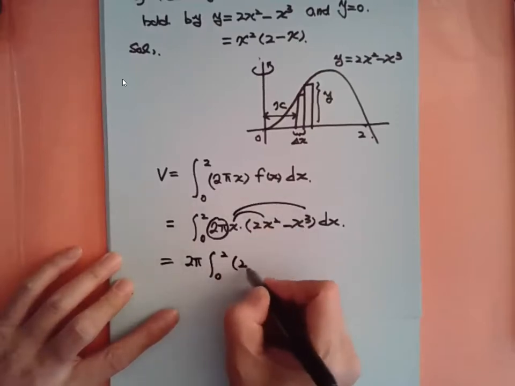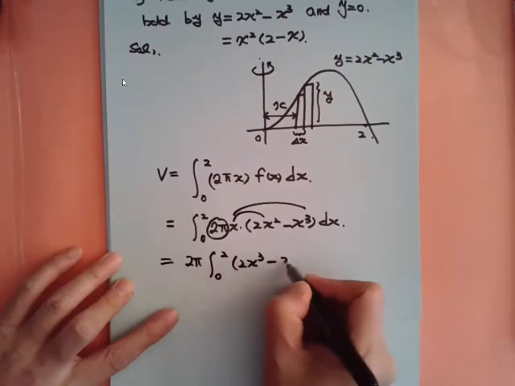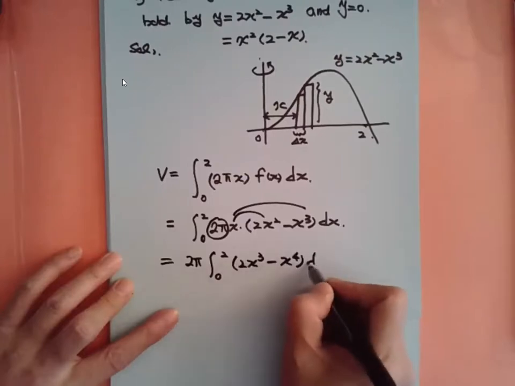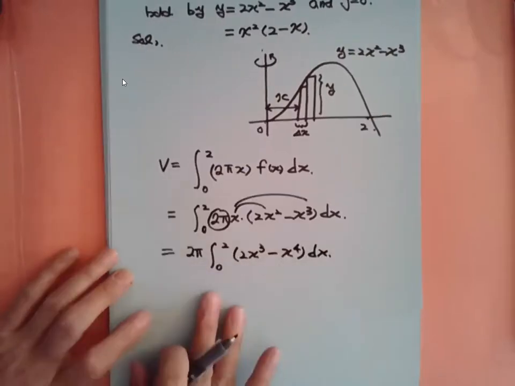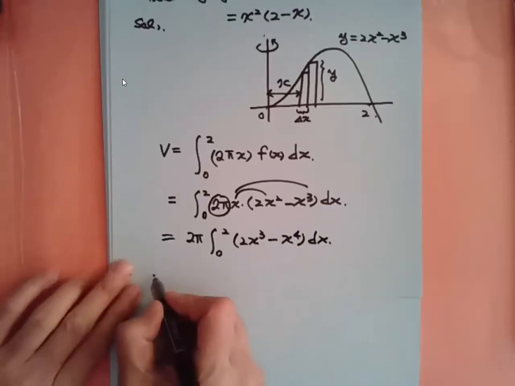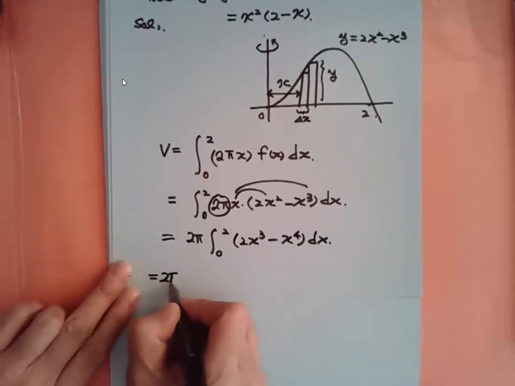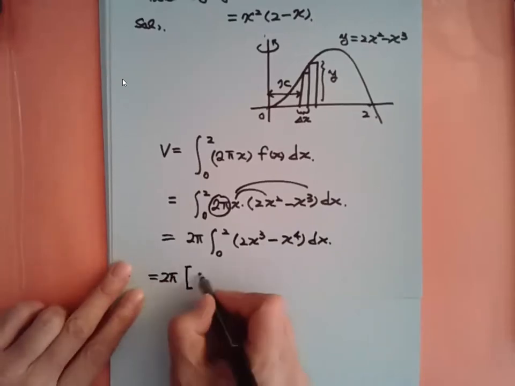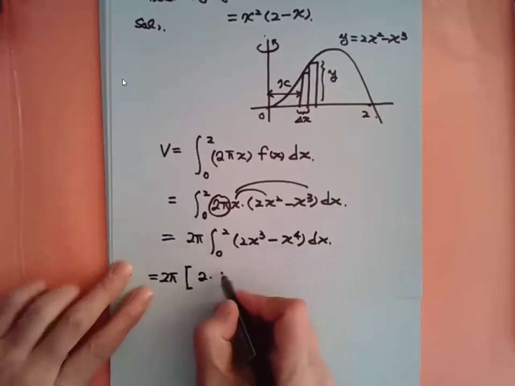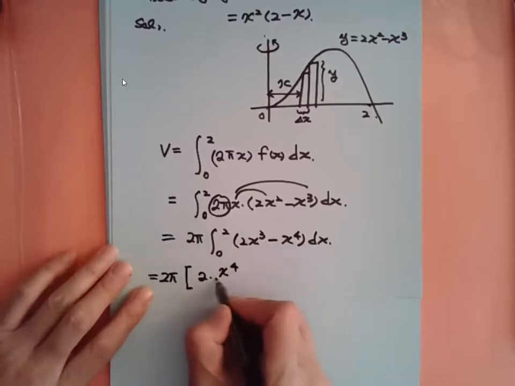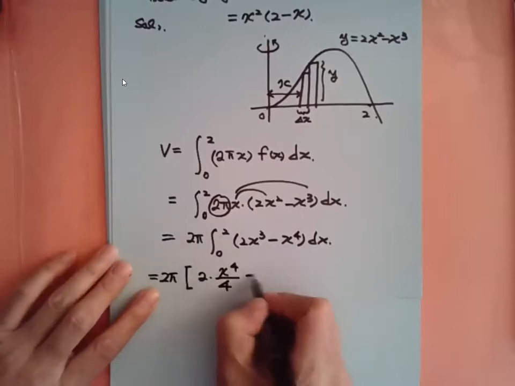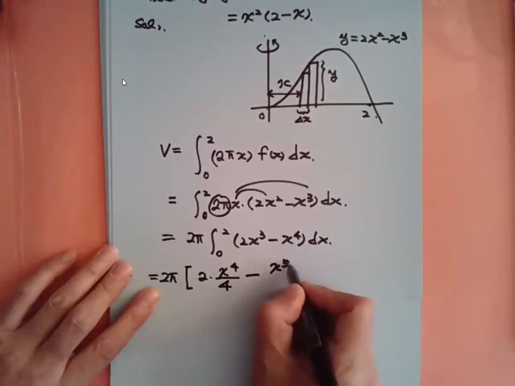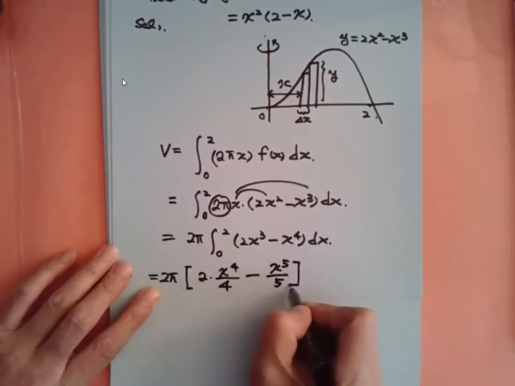Then that is 2x cubed minus x to the 4th power dx. So that is 2 pi times 2 times this one more power, x to the 4th power over 4 minus x to the 5th power over 5 from 0 to 2.